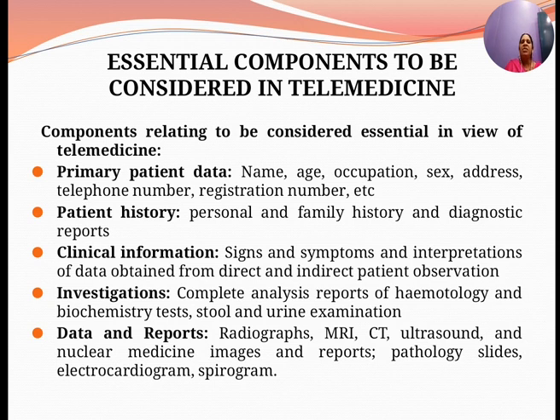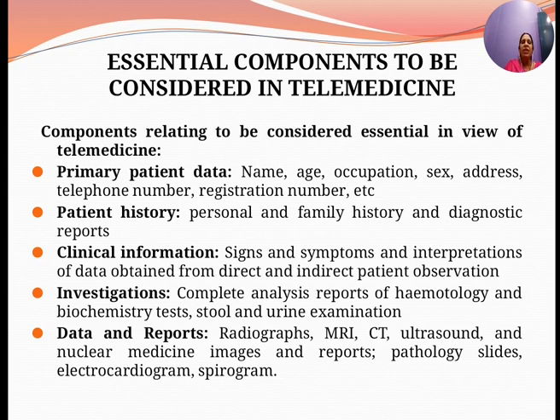And the third one is clinical information. The clinical information is signs and symptoms and interpretations of the data obtained from direct or indirect patient observation. Suppose he has undergone some treatment, there are observations that are made while the treatment was going on.